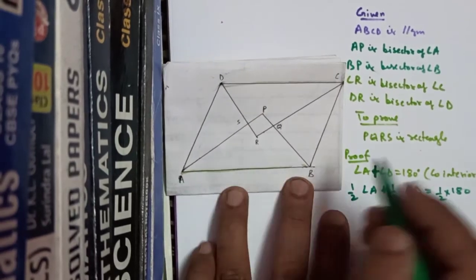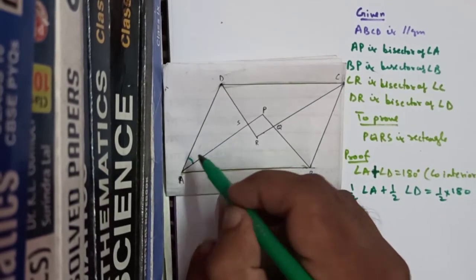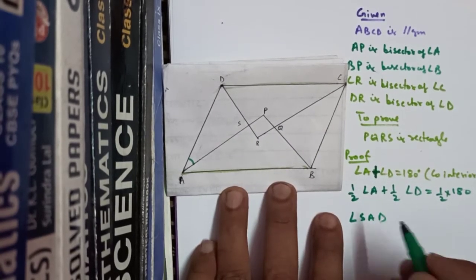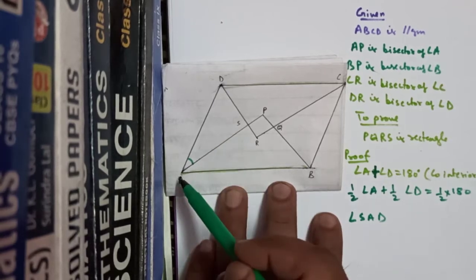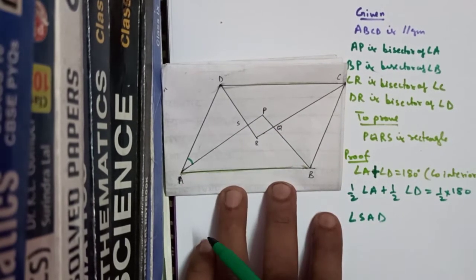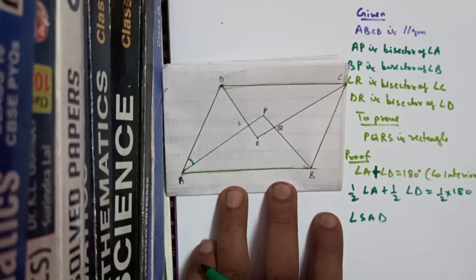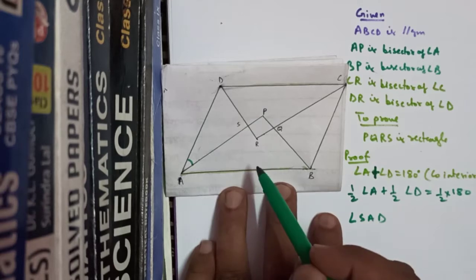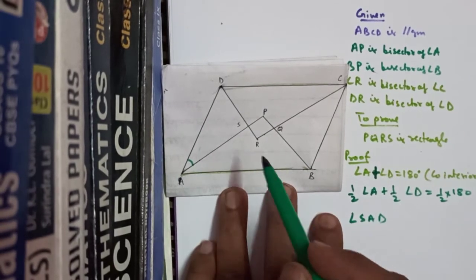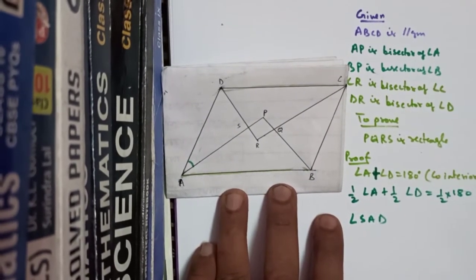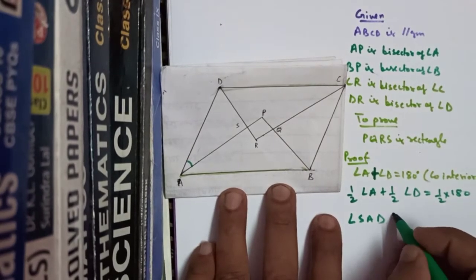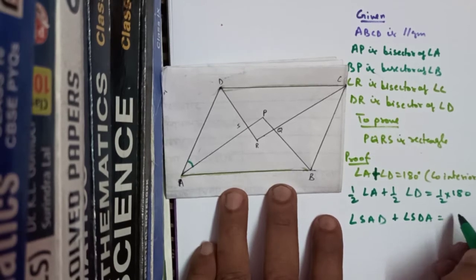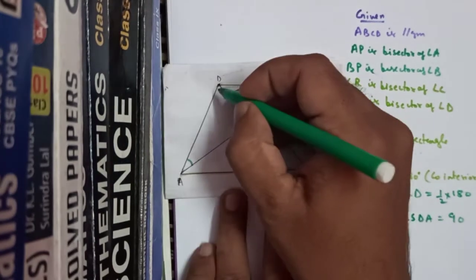That means half of angle A is angle SAD, because AP is the bisector. So SAD will be half of angle A, and DR is the bisector, so SDA will be half of angle D. The sum is equal to half of 180, that is 90 degrees.